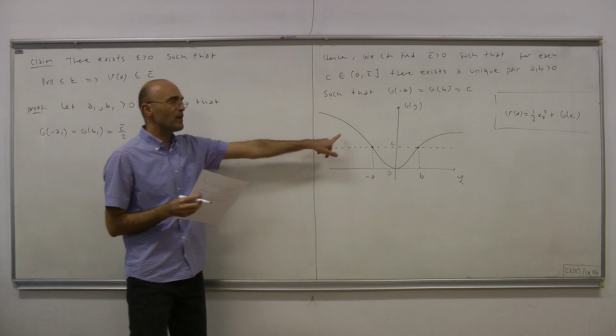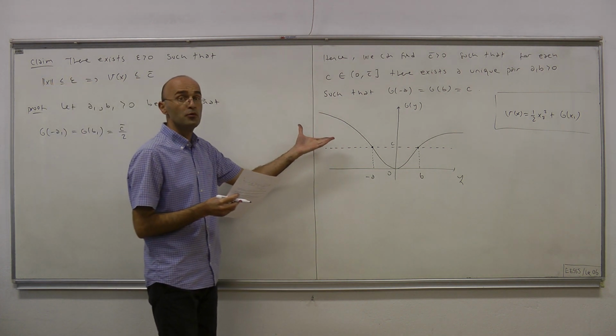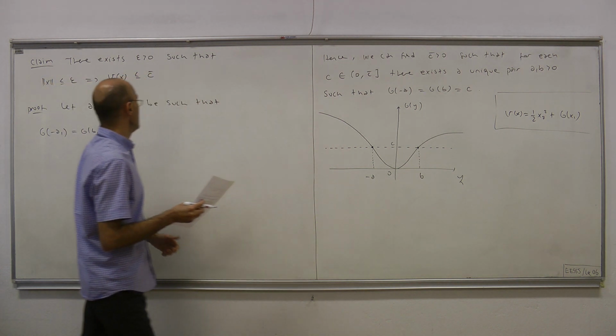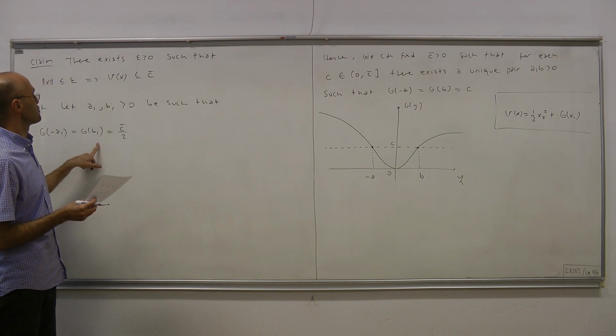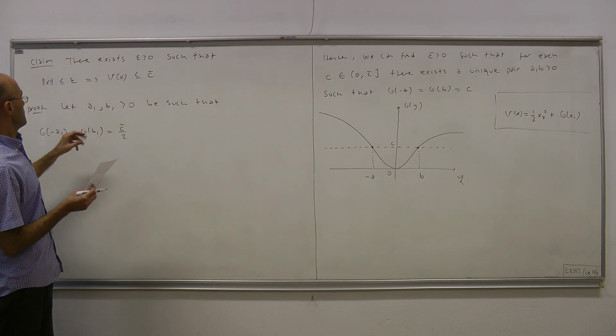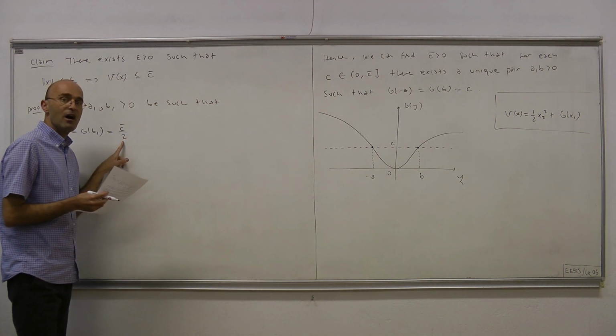And from the argument that we just put forward here, we know that such a1 and b1 exist, because we're choosing our c here equal c bar 1 over 2.